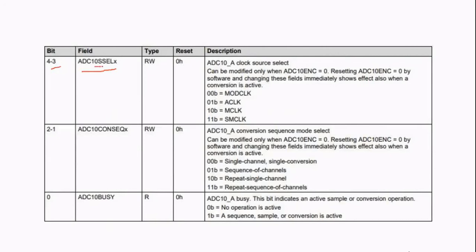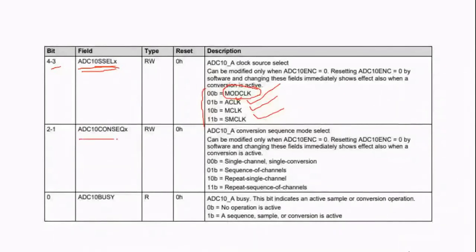This is called clock source select. It means if you want to use ACLK, MCLK, SMCLK, or ADC 10 OSC, that is the internal oscillator clock. Among these 4 you have to select any one with the help of ADC 10 SSELX bit.